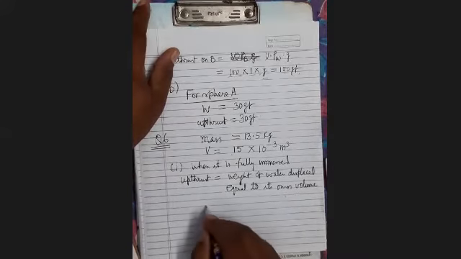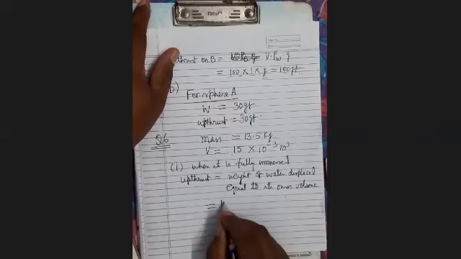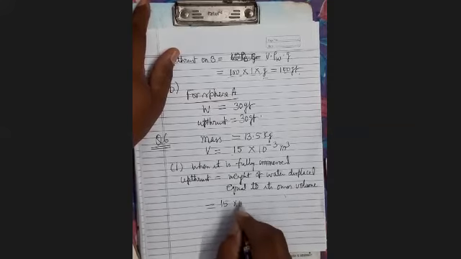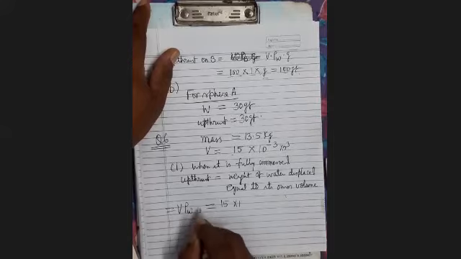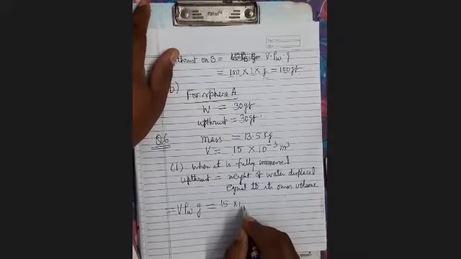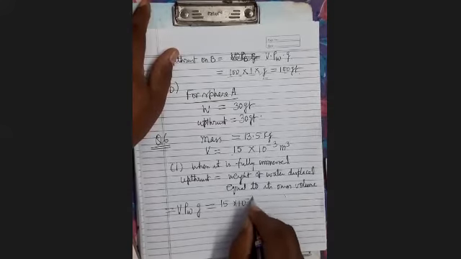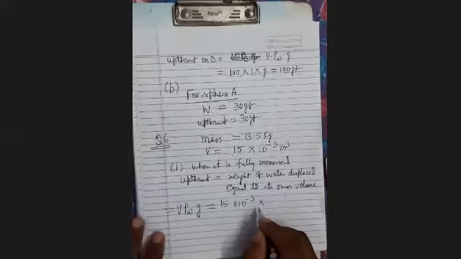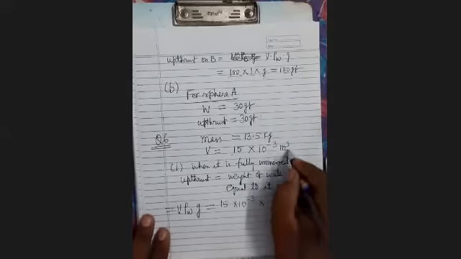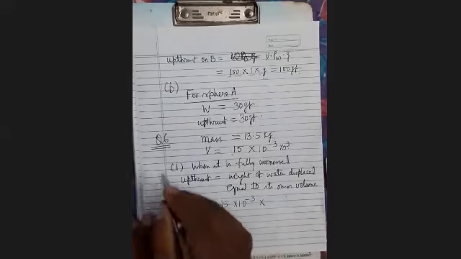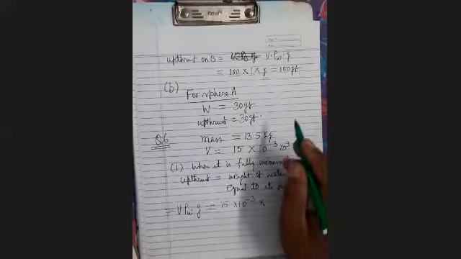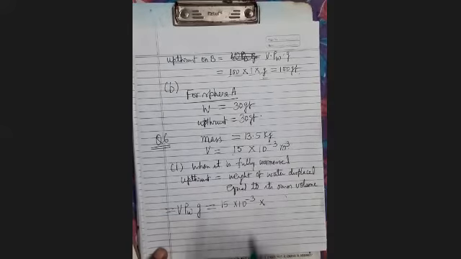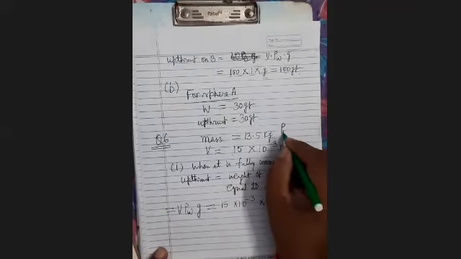So you write the value 15 into 10 to the power minus 3. The formula is V into density rho into G. V is 15 into 10 to the power minus 3. What is density? Here it is in meter cube. And what is the density of water in meter cube? So all of you remember, it is already given in the question, 1000 kg per meter cube.